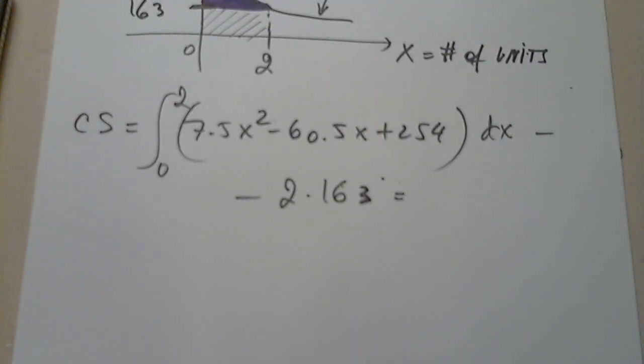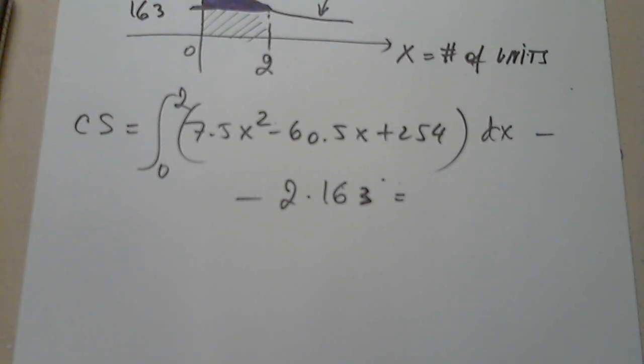Okay, so we go to math. We select 9. Okay, from scratch. We go to math. We select 9. And we enter 0 to 2. And we have 7.5x squared minus 60.5x. And plus 254.